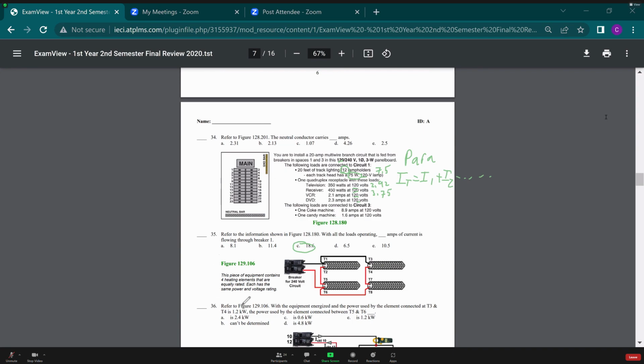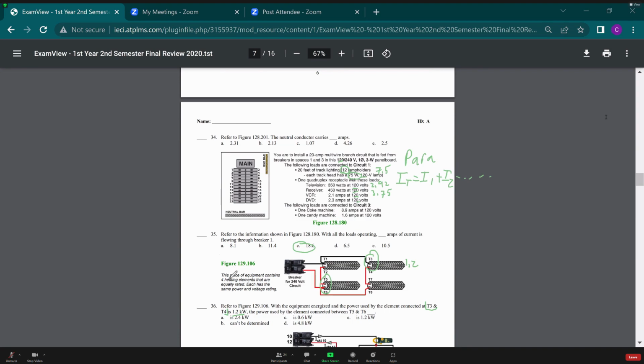All right, we're going to take a look at 36 here. I'll leave this up. Refer to the figure above. With the equipment energized, the power used by the elements connected to T3, T4 is 1.2 kilowatts. The power used by the connected element at T5, T6 is blank. Let's take a look at the scenario here.